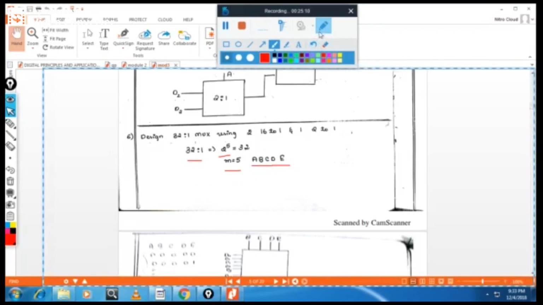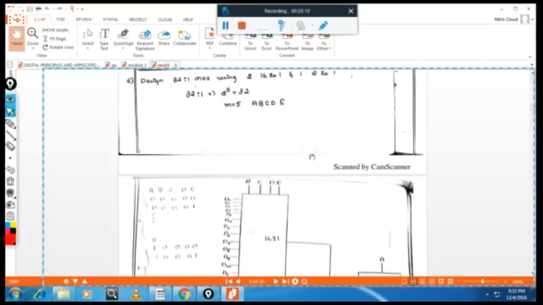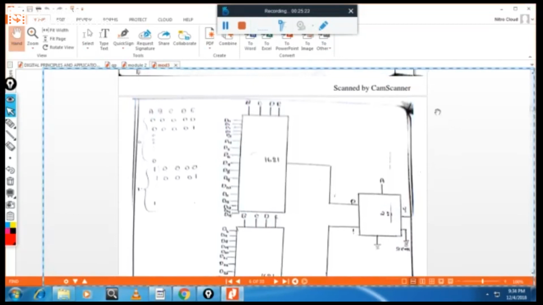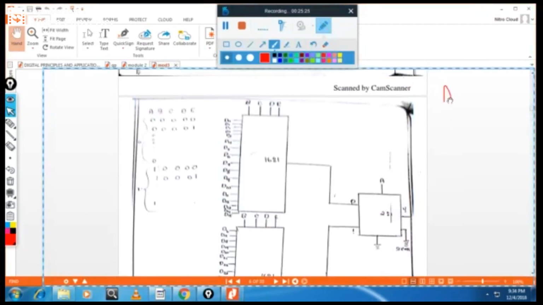So how to draw these control lines now? You see, this is actually MSB in our truth table. Suppose our truth table is like this: A, B, C, D, E. This is MSB actually.